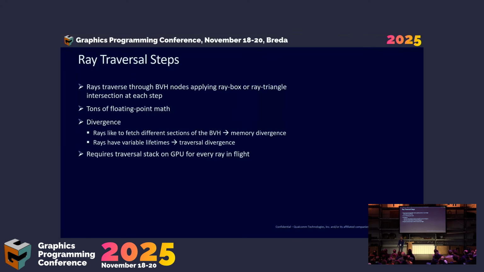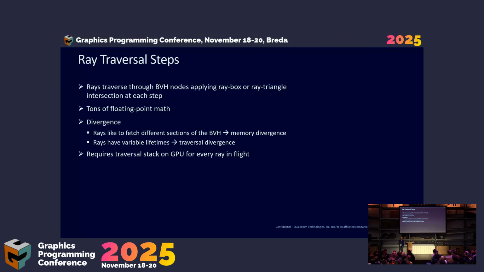There are two types of divergence. If you imagine those rays traveling through this tree, a lot of times every ray wants to intersect against a different node, and this node is somewhere in memory. So this is your memory divergence, and it can be very bad for your caches. Or a lot of rays traveling through the tree also have different lifetimes.